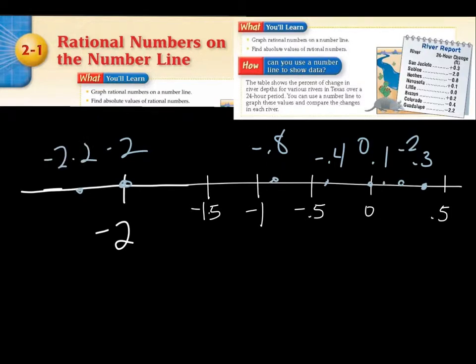And that helps us organize and order our numbers in order from least to greatest.